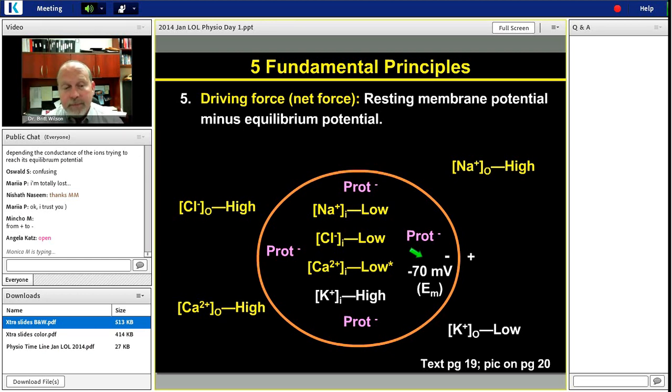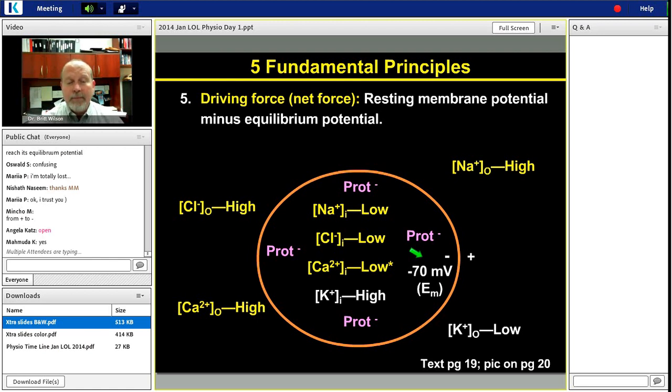The further from equilibrium, the greater the net force on the ion, because it's resting minus whatever is equilibrium for the ion.